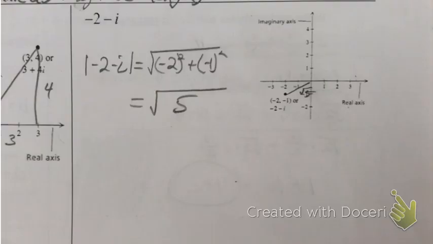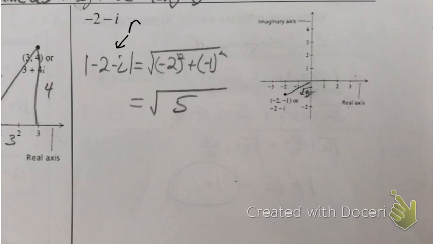Of 5. And I want everyone to look at the answer, because notice this is another way to put this. It doesn't have to be just r equals. You can say the absolute value of what I'm given equals that, because it actually is the absolute value of this. So the absolute value sign is the exact same thing as our r equals that.